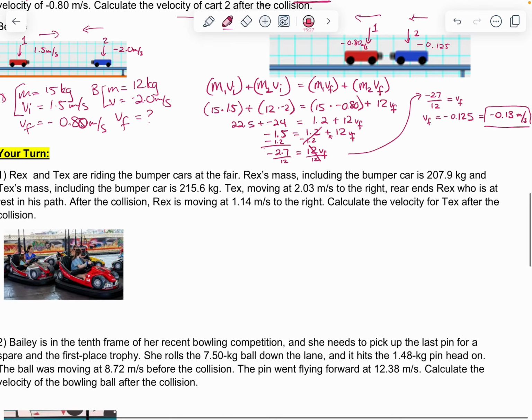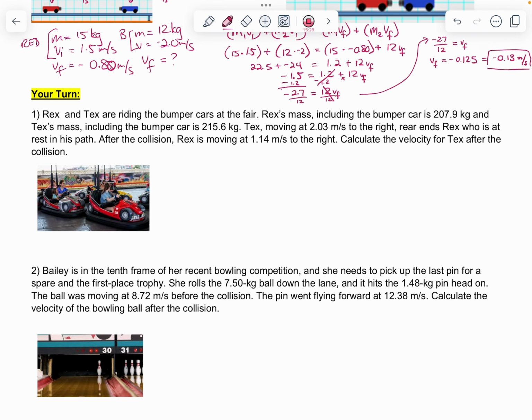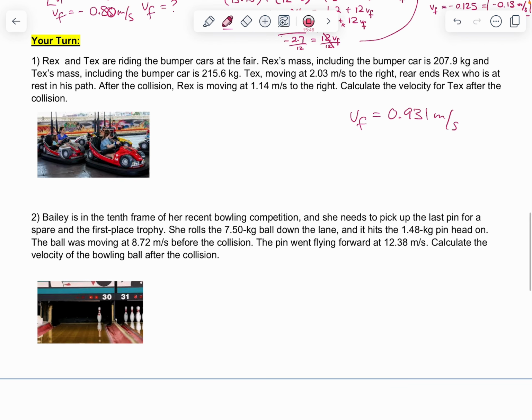0.13. So just like I did last time, I'm going to go ahead and put the answers for the practice problems here. I'd like you to do at least one of these before you jump into the second part of the lab. All right, so practice problem number 1. The correct answer is 0.931 meters per second in the positive direction.